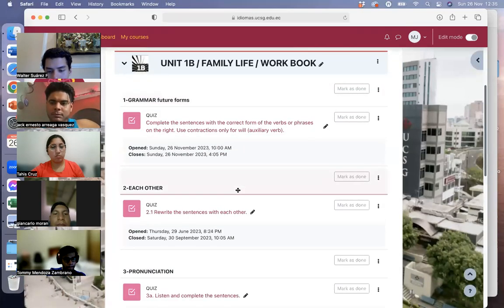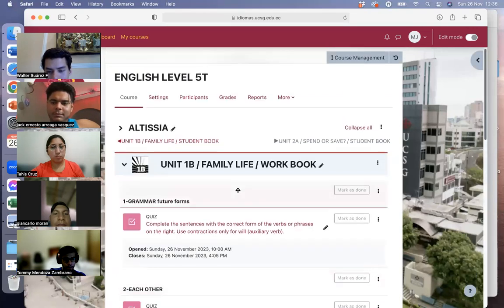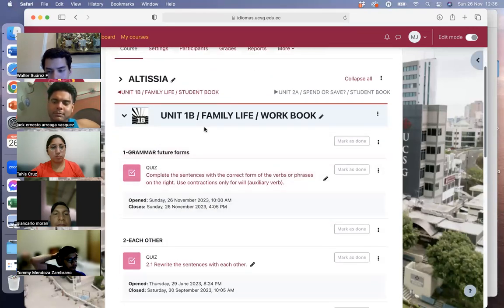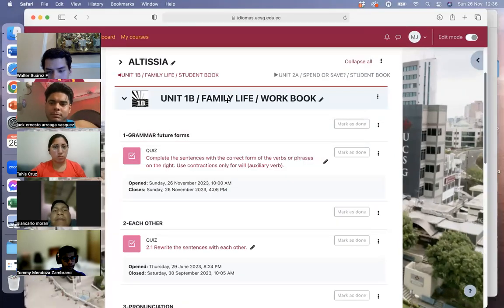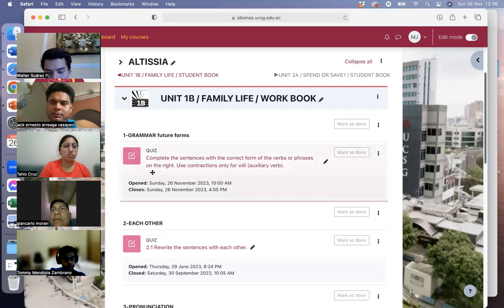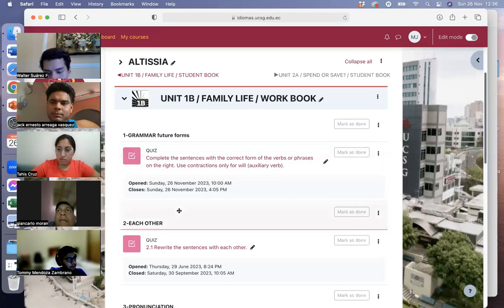So if you log in to your Moodle, the platform, if you go to the workbook, Unit 1B workbook, grammar, future forms. Okay, here. There is a quiz waiting for you here. So complete the activity. And again, please try your best to finish as quickly as you possibly can.